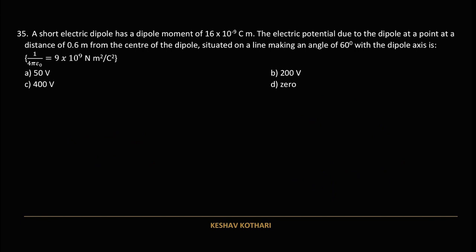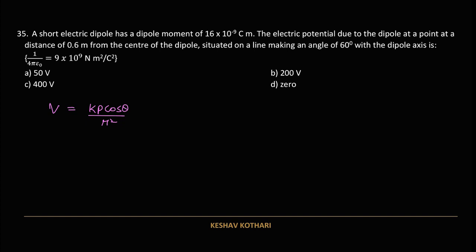A short electric dipole has a dipole moment of 16 into 10 to the power minus 9 coulomb meter. The electric potential due to the dipole at a point at a distance of 0.6 meter from the center of the dipole situated on a line making an angle of 60 degree with the dipole axis is given. So if we consider this one, the working formula is potential is equal to Kp cos theta by r square.